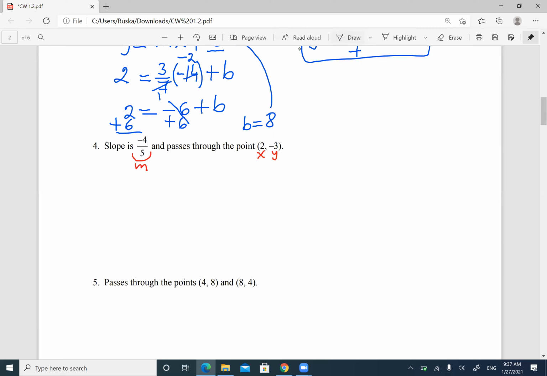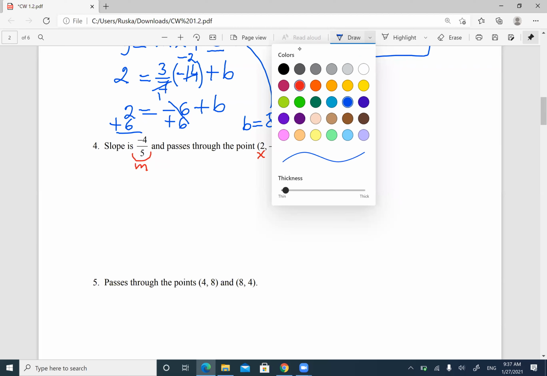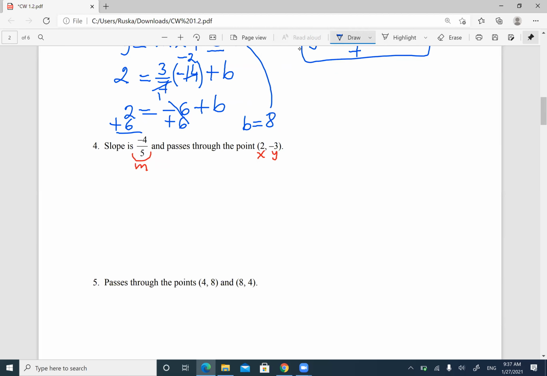We're gonna use this information to find b. We start with y equals mx plus b. So y in this case is negative 3 equals m, the slope is negative 4/5, x is 2, plus b.